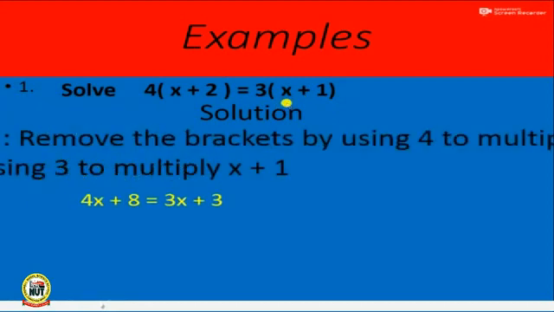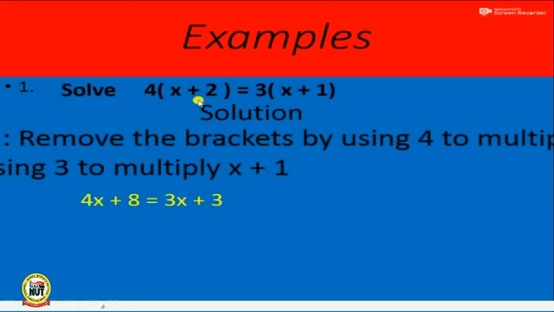Alright, now removing the bracket, this is the result. The 4 from the first bracket is positive, though the plus sign there is invisible, and the x inside the bracket is also plus.